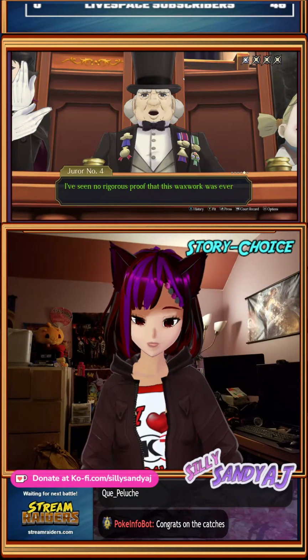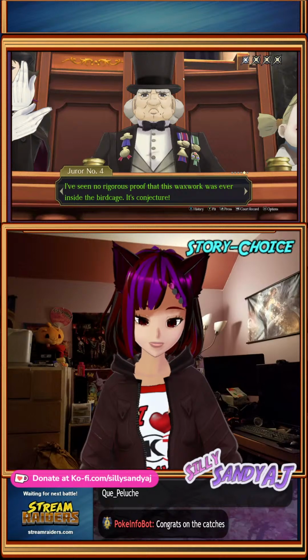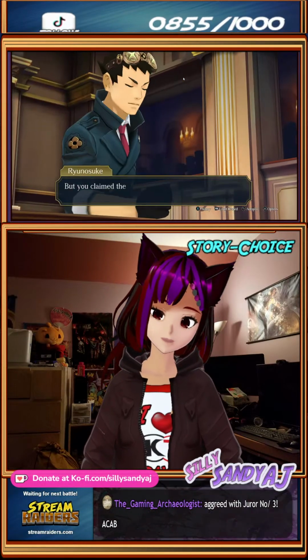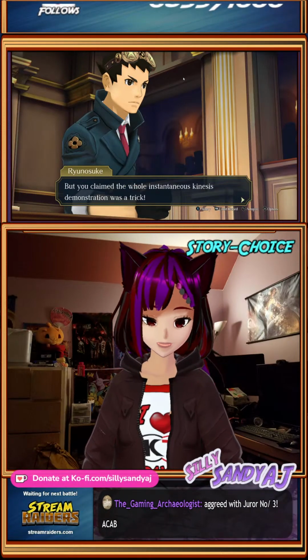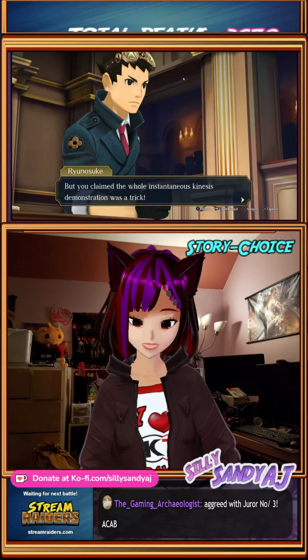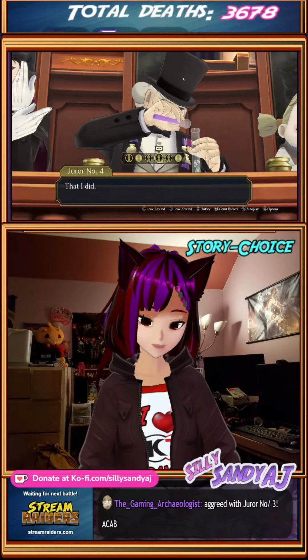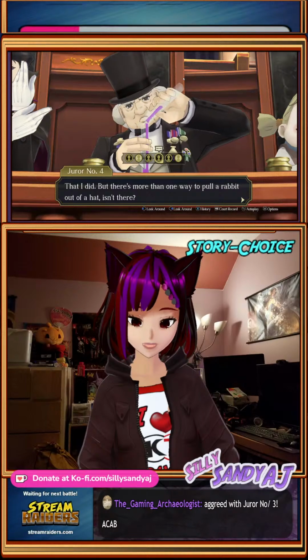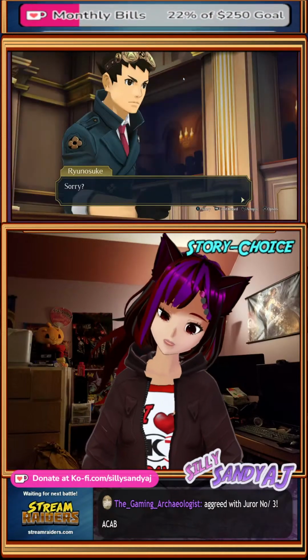I see no rigorous proof that the waxwork was ever inside the birdcage. It's conjecture. Hold it! But you claim this whole instantaneous kinesis demonstration was a trick. That I did. But there's more than one way to pull a rabbit out of a hat, is there? Sorry?